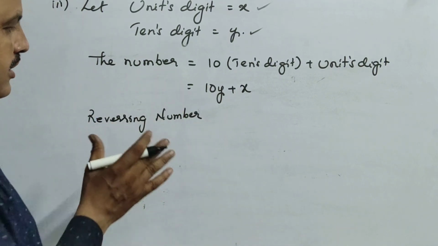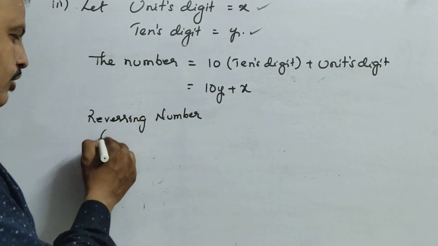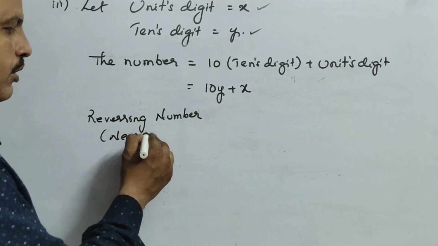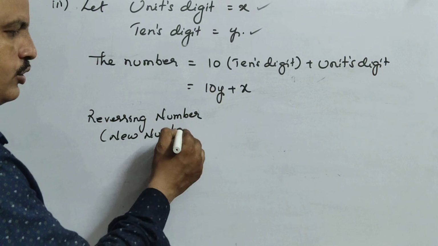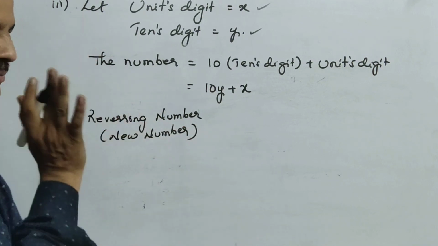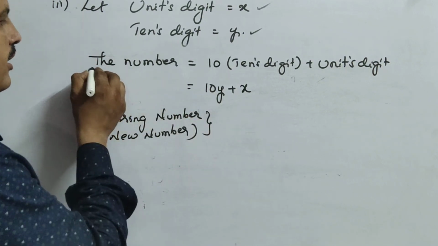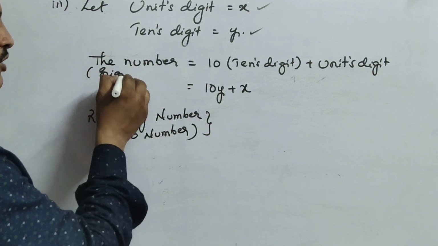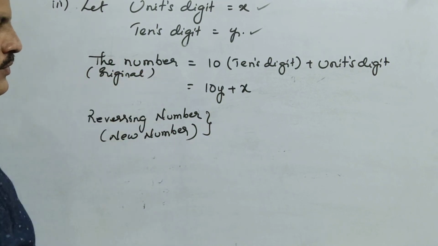After reversing the digits you will get a reversing number, or we can call it a new number also. New number and reversing number are the same. We can call it even the original number also.